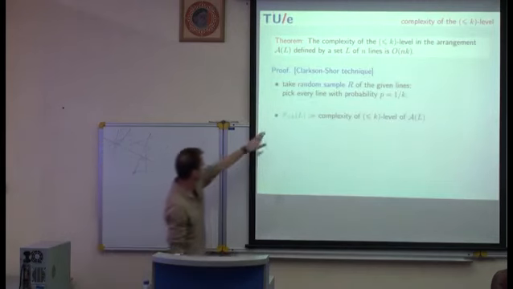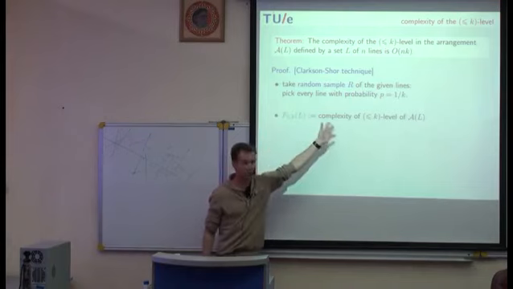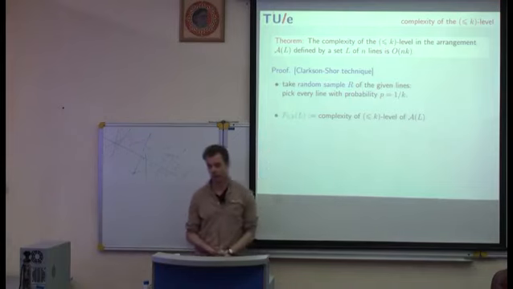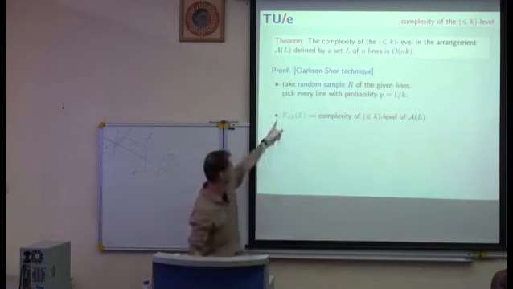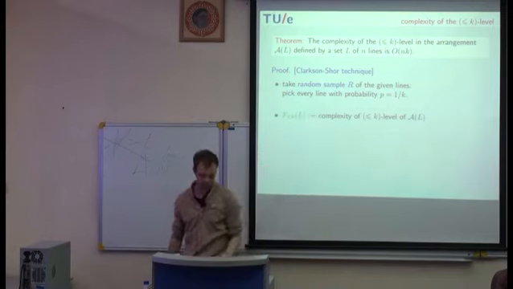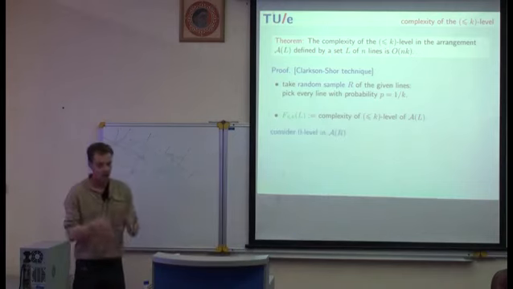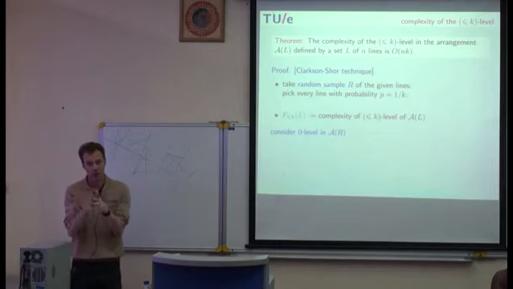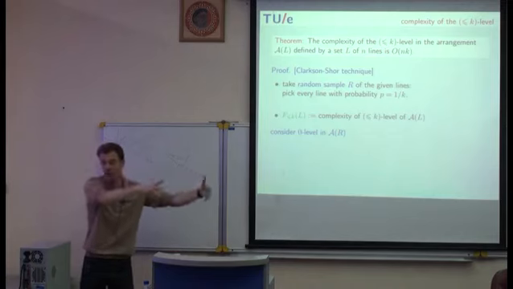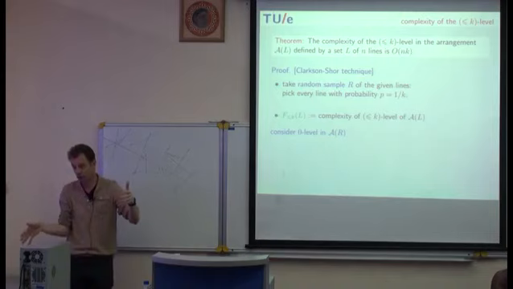Now let me define f at most k of L as the complexity of what I want to bound. So I want to show that this is actually equal to order n times k. So now look at the sample R. I have all the lines, I take some of the lines, and now I'm going to look at the 0 level.